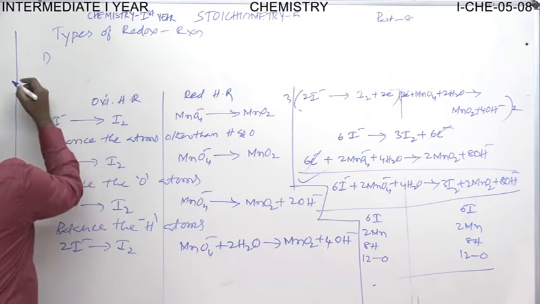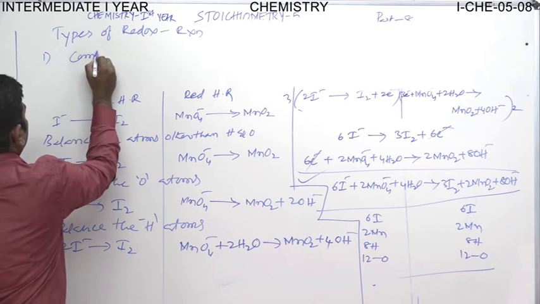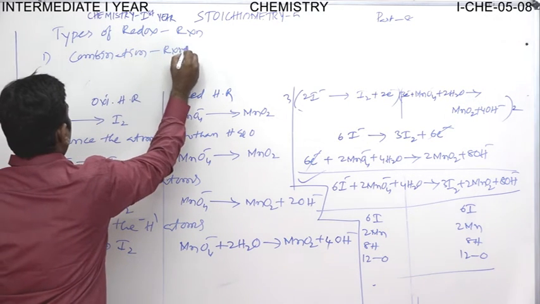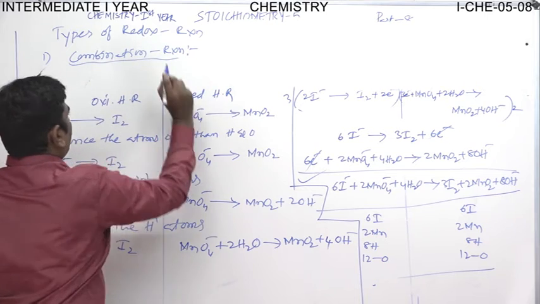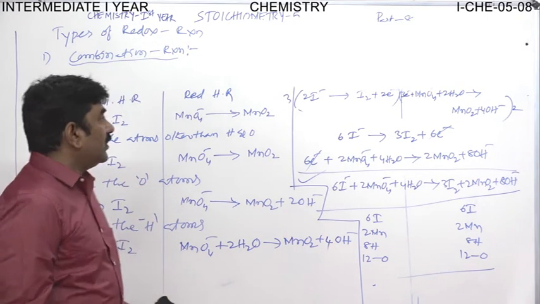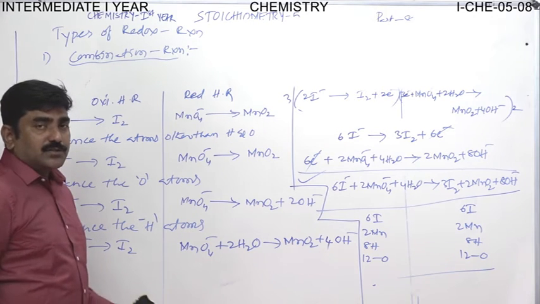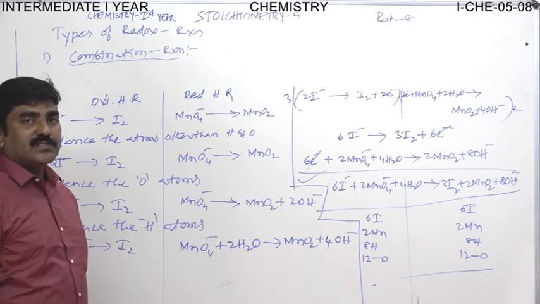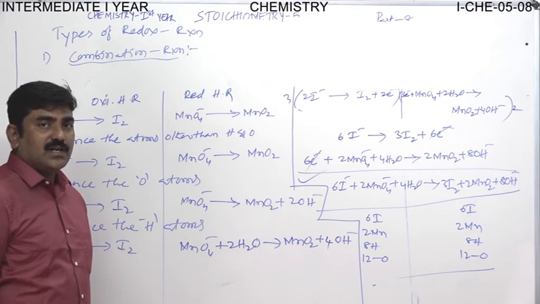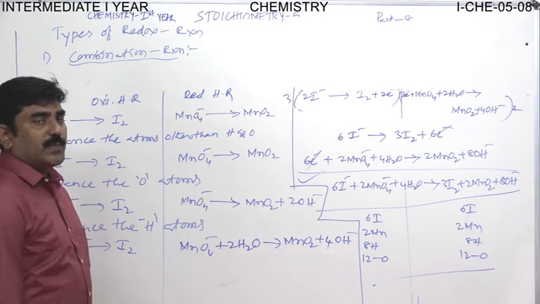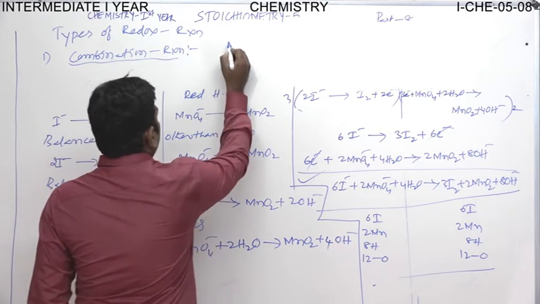First one, combination reactions. What is the first one? Combination reaction. Samyoga charyalu. కాంబినేషన్ రియాక్షన్ సంయోగ చర్యలు. ఇక్కడ ఏమవుతుందంటే సంయోగ చర్యల్లో two or more reactants will give the single product. రెండు లేదా అంతకంటే ఎక్కువ క్రియాజనకాలు కలిసిపోయి ఒకే ఒక ఉత్పన్నాన్ని ఏర్పరుస్తాయి. దాన్ని సింబాలిక్ గా ఎట్లా రాయొచ్చు మనం?